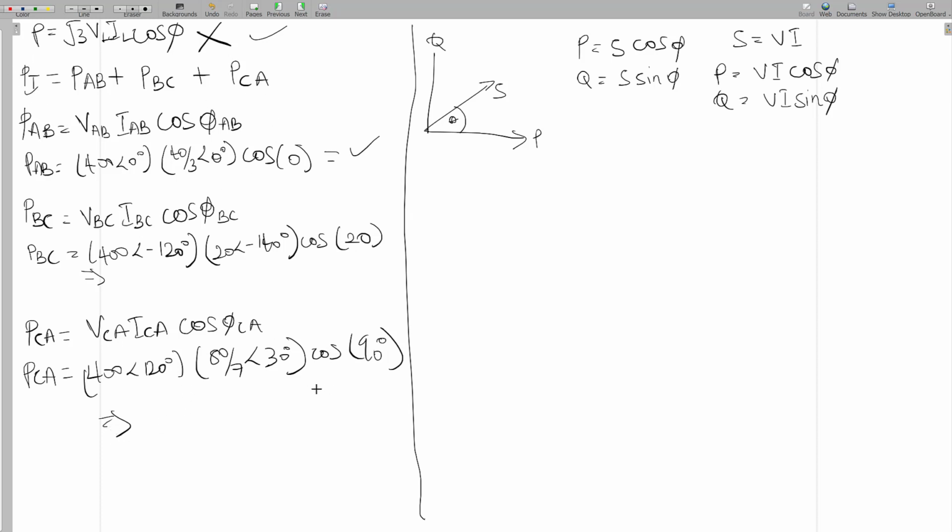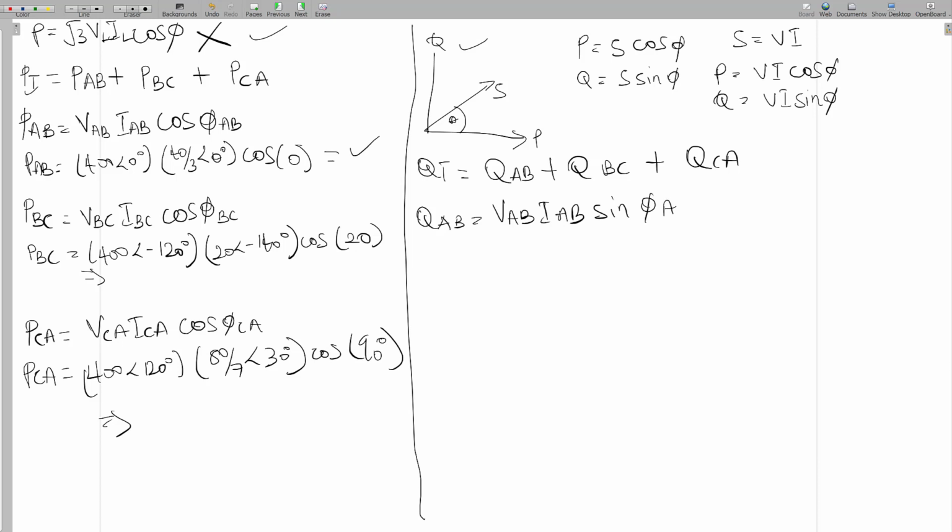Similarly, if you want the reactive power, that is Q, the total Q will be QAB plus QBC plus QCA. Since they are unbalanced loads, we should find the powers individually. So Q at AB similarly will be VAB IAB sine the angle between them.